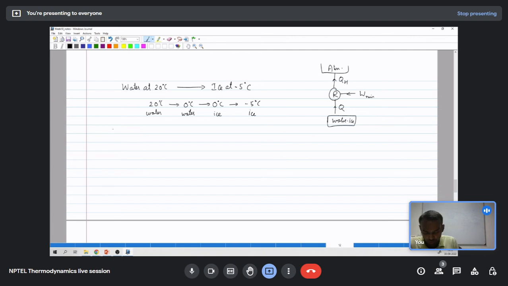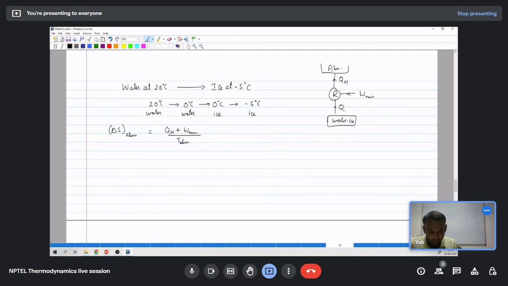So now during this refrigeration system, we can calculate the entropy increase in the atmosphere. So that will be QH plus W min divided by the temperature of the atmosphere, that is T ATM.